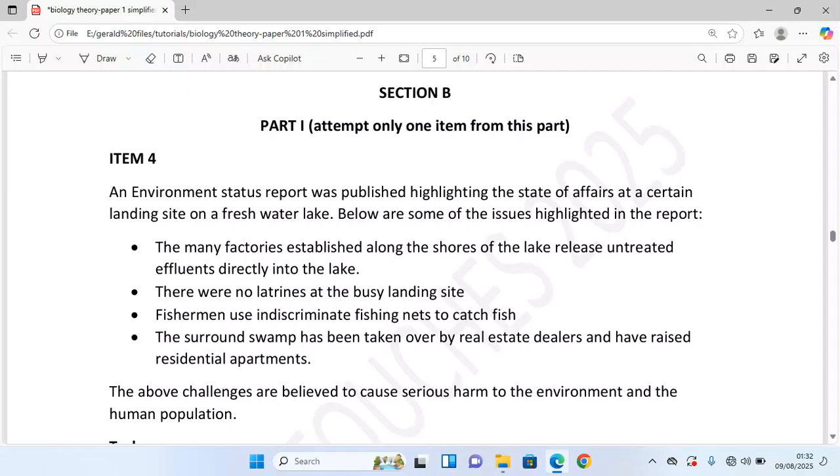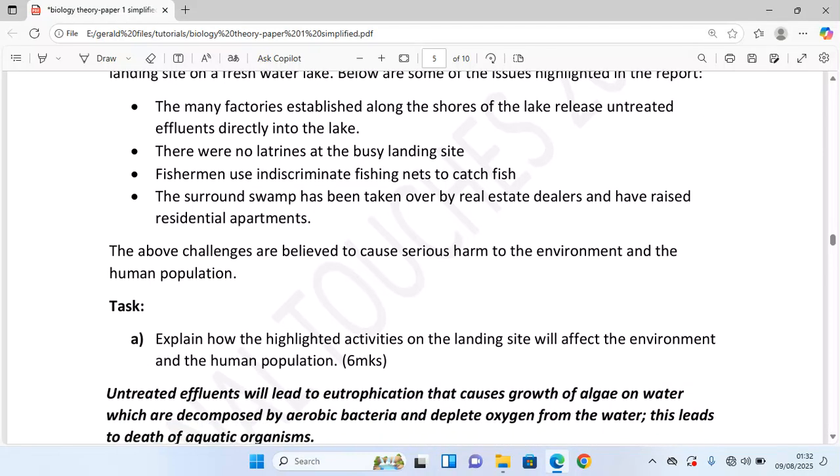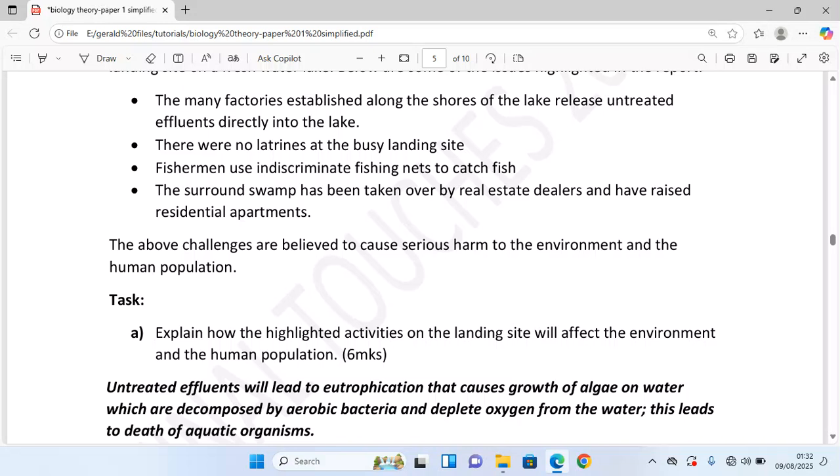Another one, fishermen use indiscriminate fishing nets to catch fish. Another one, the surrounding swamp has been taken over by real estate dealers who have raised residential apartments. So when you look at that, they say the above challenges are believed to cause serious harm to the environment and the human population. Task: explain how the highlighted activities on the landing site will affect the environment and the human population.